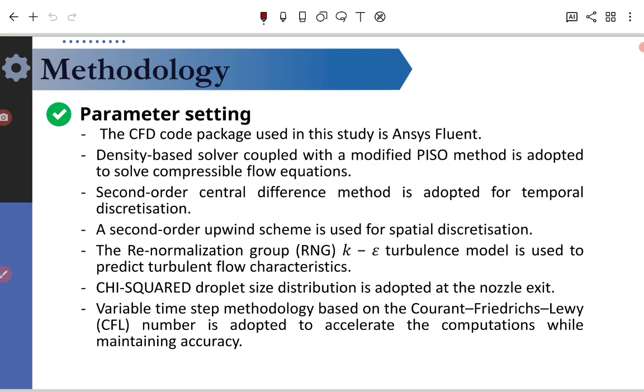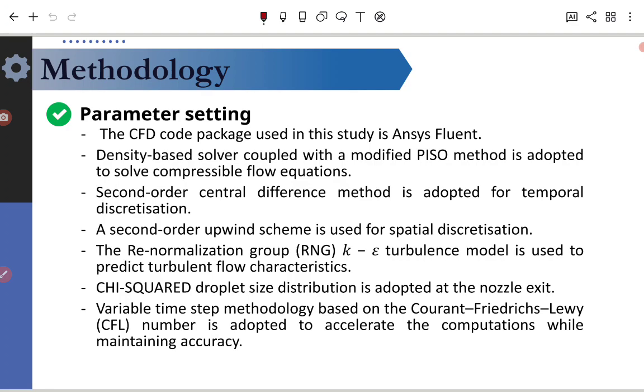We use the second order central difference method for temporal discretization, while second order upwind scheme for spatial discretization. The RNG k-epsilon model is used to predict the turbulent flow characteristics, and the physical properties of the injected fluid influence the flow and cavitation characteristics in the injector nozzle, which is reflected in the mass flow rate, effective nozzle diameter, and the velocity at the nozzle exit.